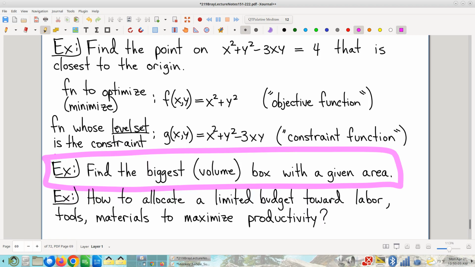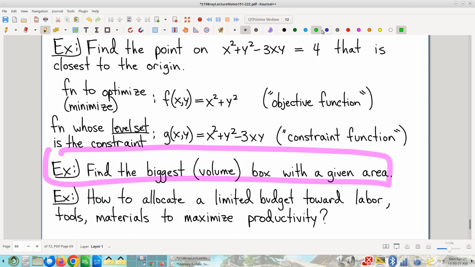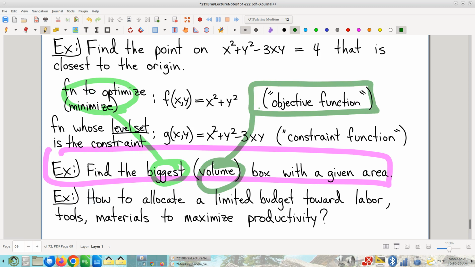And the bosses have told us that we only get to use a certain amount of cardboard. Okay. All right. So the thing that we're trying to maximize here, let me leave this highlighted. The thing we're trying to maximize, right, optimize, is volume. So in this example, volume is our objective function.